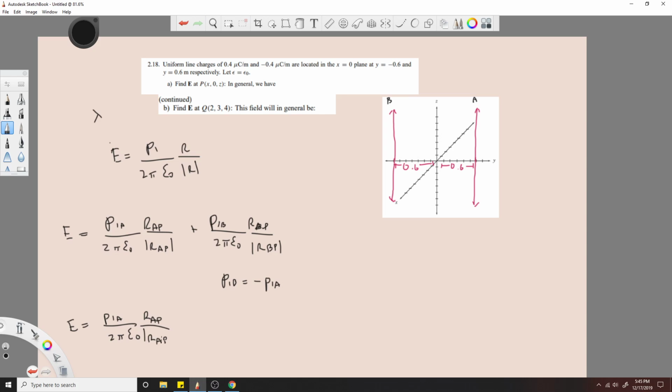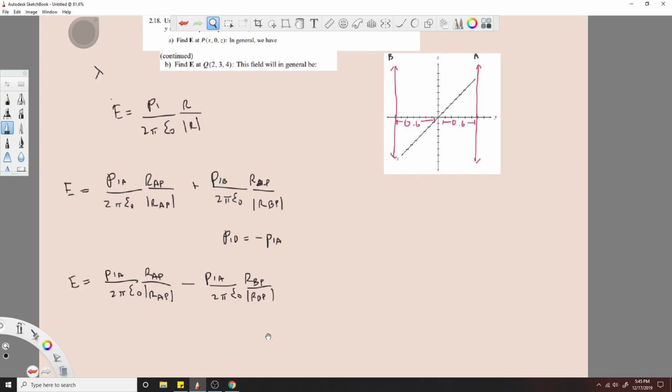All I did was plug in this value right here, minus rho LA. But the nice thing about that is that we can factor.